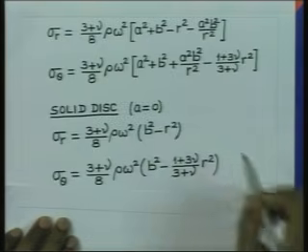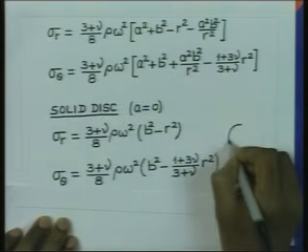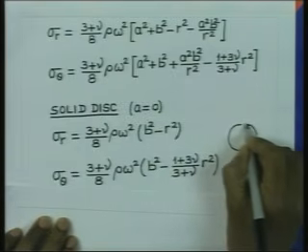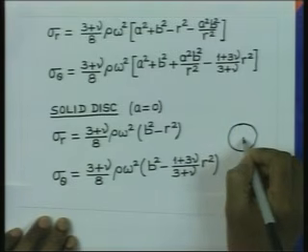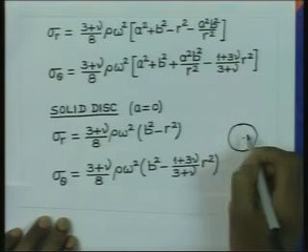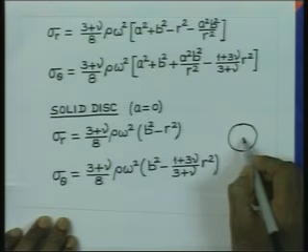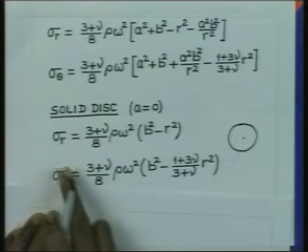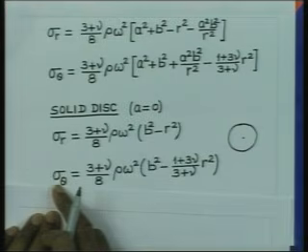Now, let us try to see how the variation looks. First of all, let us consider this solid disk. In the case of solid disk, if you put r equal to 0, that means at the center of this disk, then you find that sigma r and sigma theta both are equal.